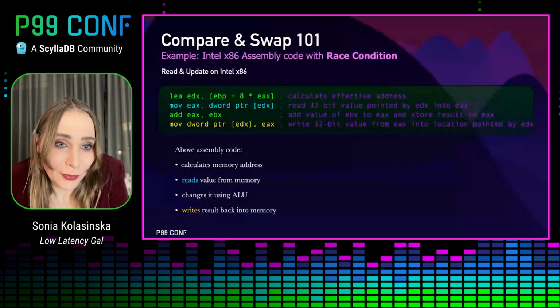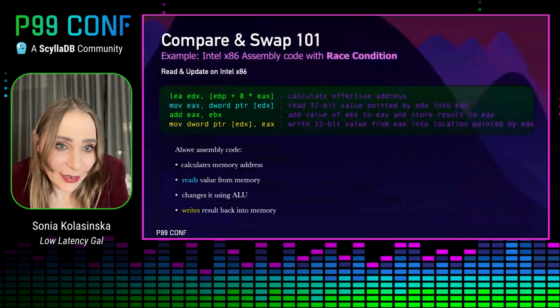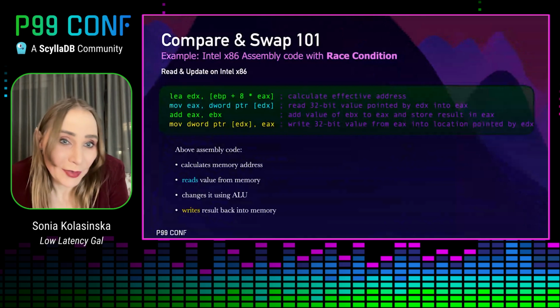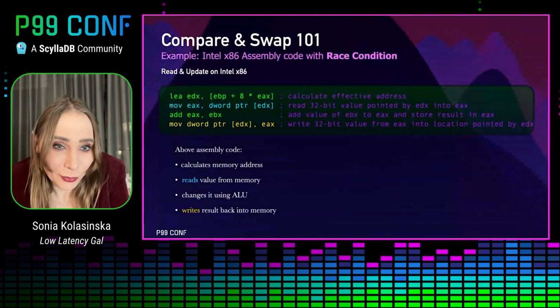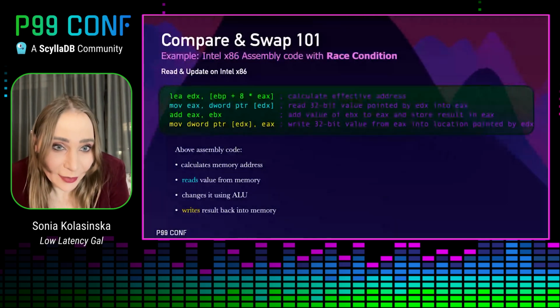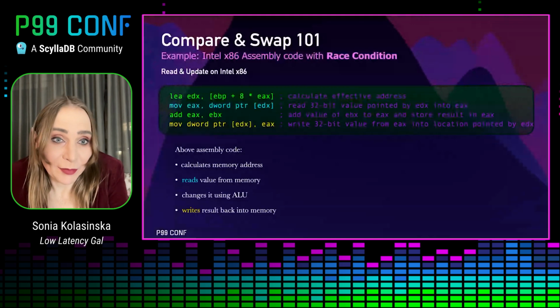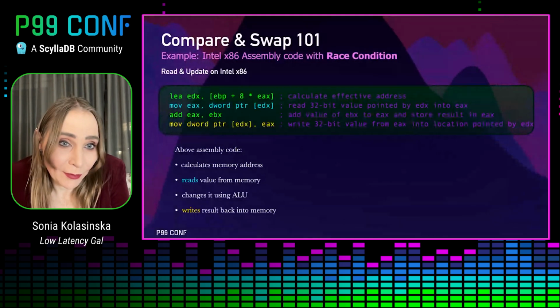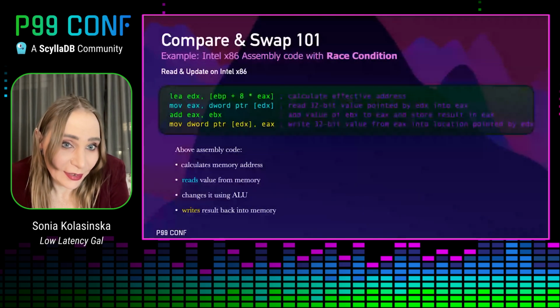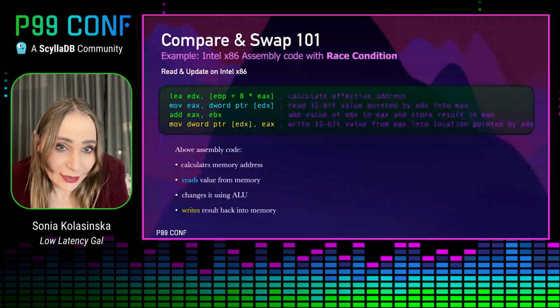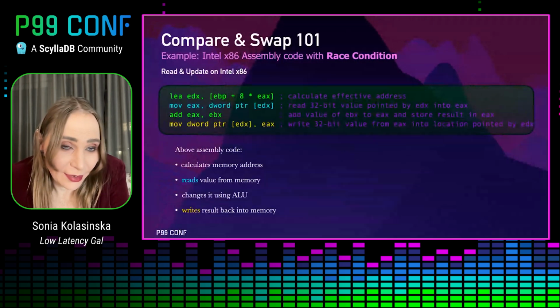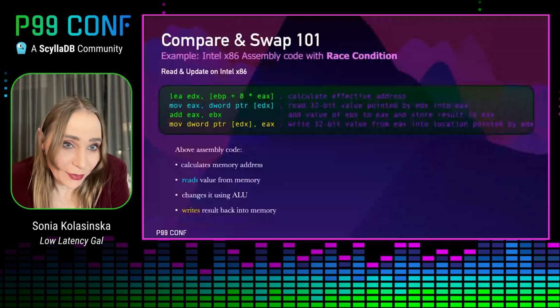So you can see that what we're saving with the yellow instruction depends on what we're reading with the blue instruction. And now if we had two threads doing this, two CPU cores executing this in parallel, then we will have one CPU core, for example, executing the blue instruction. The second CPU core is executing the green instruction, add EAX, EBX. And then it executes mov dword ptr [EDX], EAX, writing this new value based on the value read from the blue mov EAX, dword ptr [EDX].